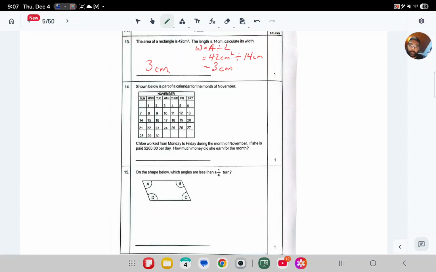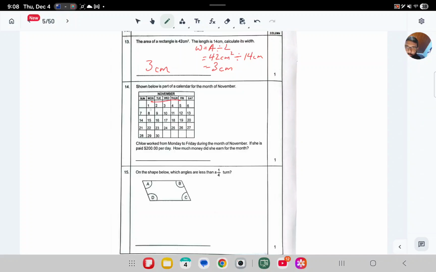Shown below is part of a calendar for the month of November. Chloe worked from Monday to Friday during the month of November. If she is paid $200 per day, how much money did she earn for the month? So it's only Monday to Friday, so we need to check how many days that is. This here is 5.